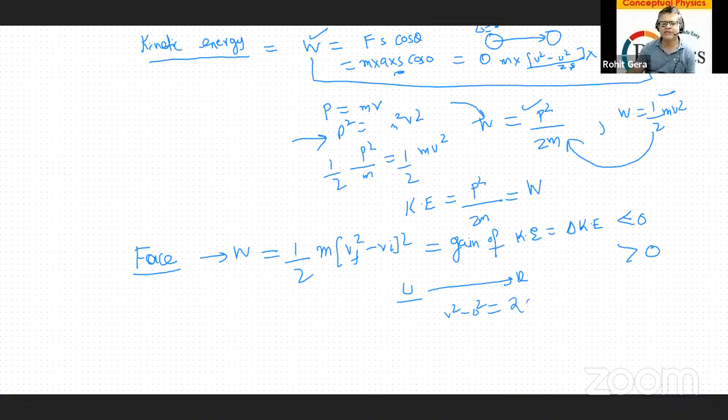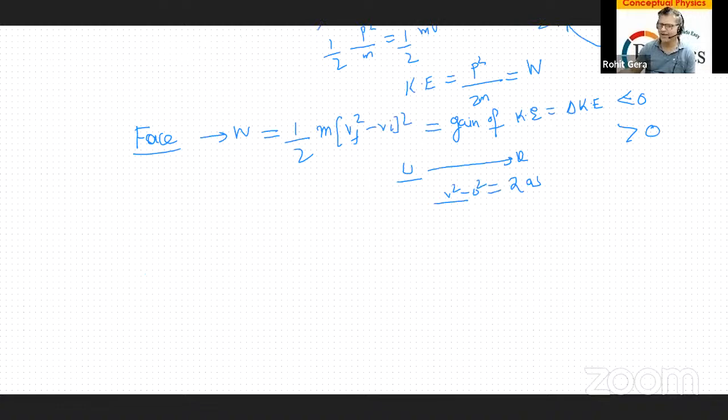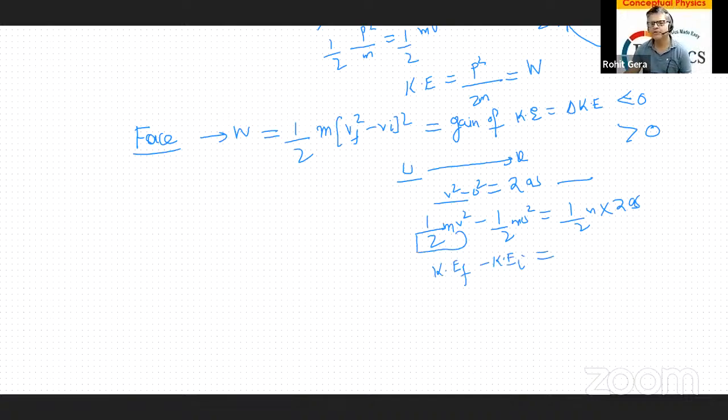If I multiply this equation of motion by half m, I will get: this is final kinetic energy, this is initial kinetic energy, is equal to, if you notice, ma is force, into displacement.